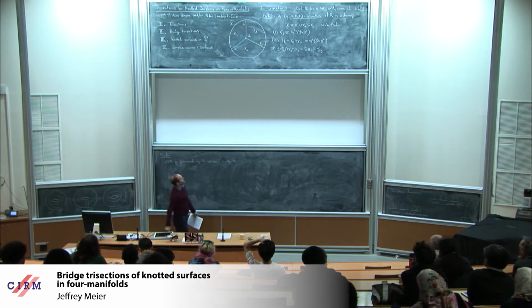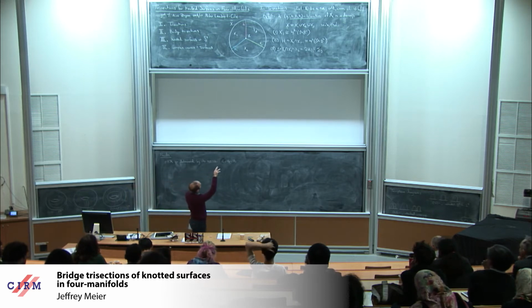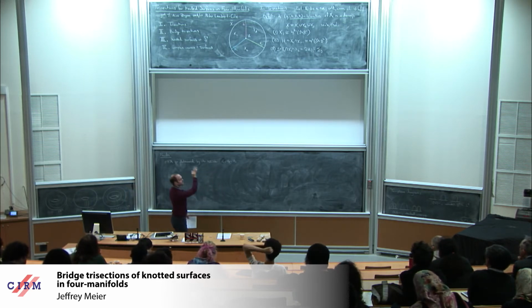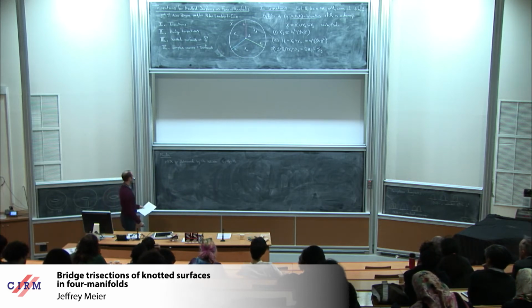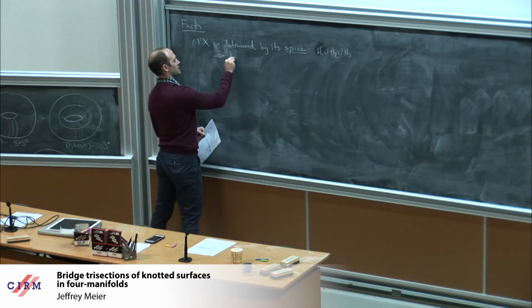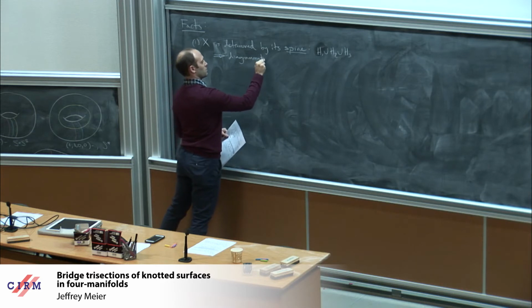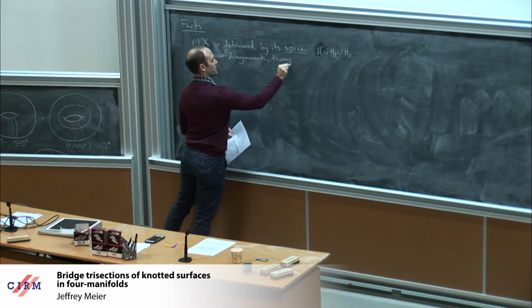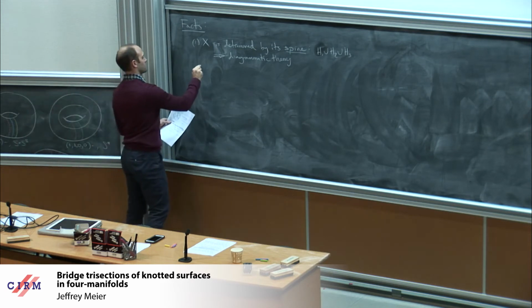This is because of Laudenbach-Poenaru, right? The union of any two handlebodies is going to give a connected sum of S1 cross S2s, and this can be capped up uniquely by one of these X_i's. Okay, and the upshot of this is that this gives us a diagrammatic theory. This is what allows us to study four-manifolds using trisection diagrams.